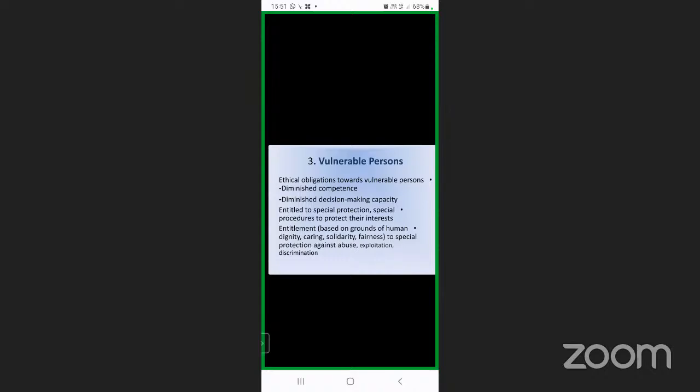How are we going to control vulnerability by using these ethics? Research ethics: ethical obligations towards vulnerable persons.